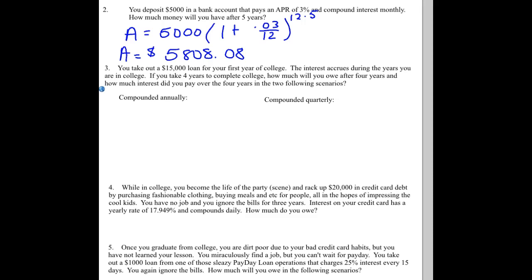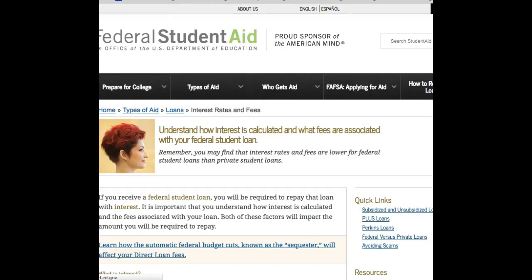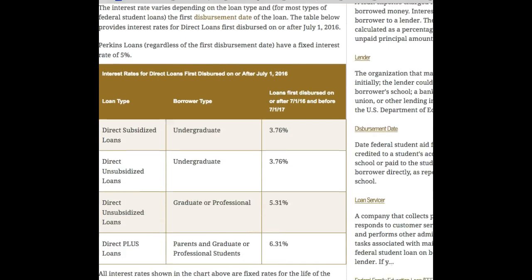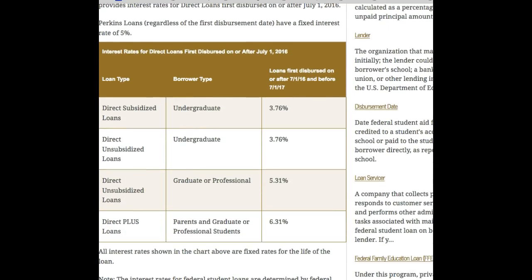Okay. What have they not given us? They haven't given us the rate. All right, now we purposely did that because rates change. All right, so for this one, this is our current year. So anything after July 1st of 2016, we're looking at undergraduate degrees.